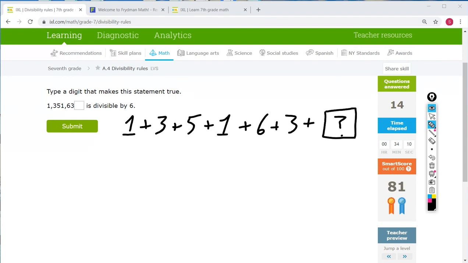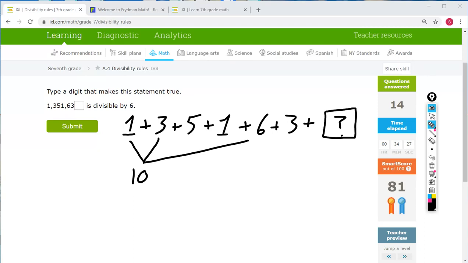That's the number that we're going to have to fill in. Let's add all of these together. Well, 1 plus 3 plus 6 would give me 10. 1 plus 3 is 4, plus 6 is 10.